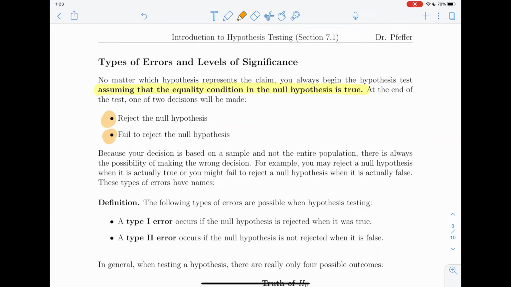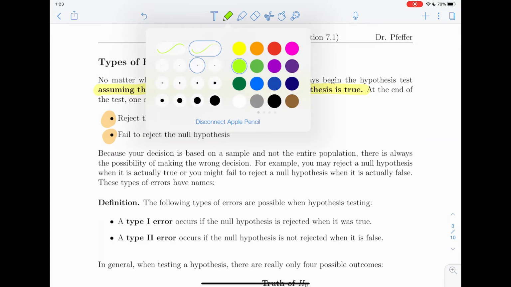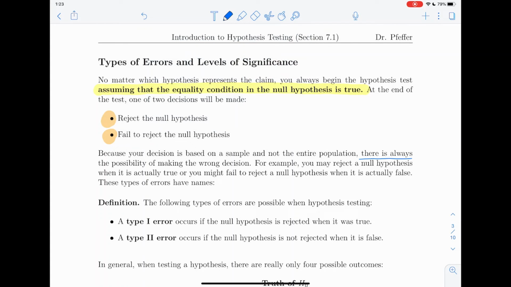Because our decision, whether we reject or fail to reject the null hypothesis, is based on a sample and not the entire population, as we mentioned in the very first example in this conversation, there's always the possibility, and I should underline this, that you make the wrong choice.